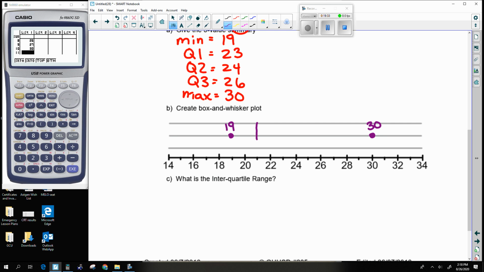Oh, that's not where 23 is. It gets labeled 23, 24, and 26. Connect the tops with the tops, bottoms with the bottoms, and these dots to the middle of the sides.